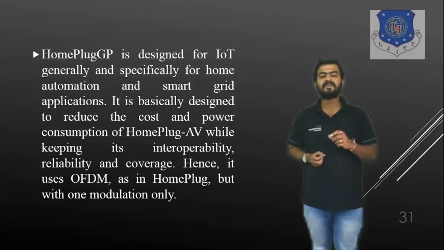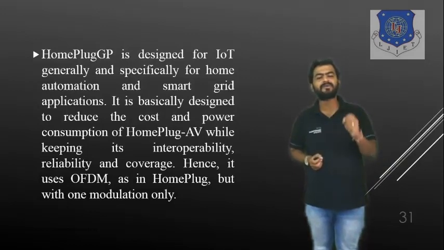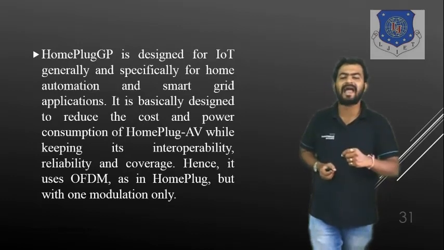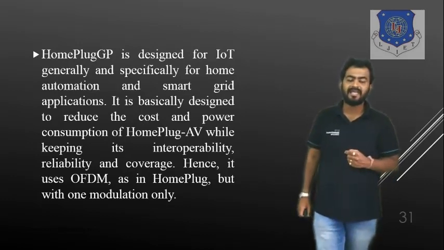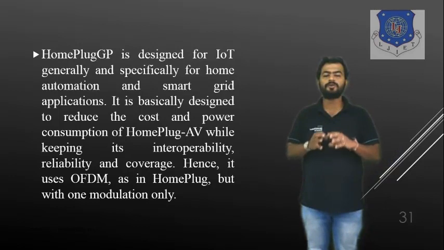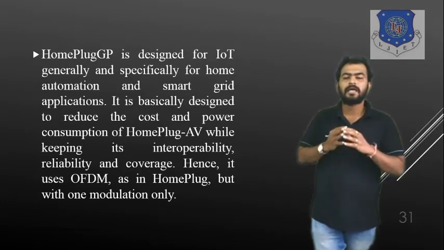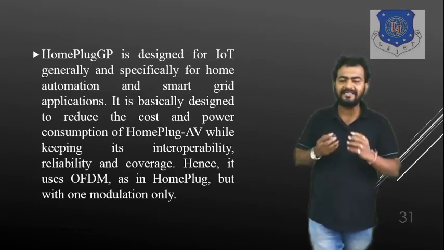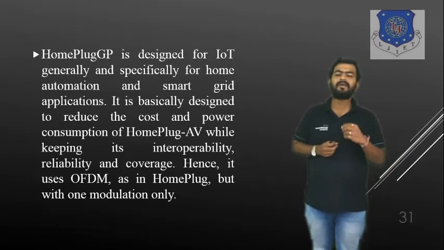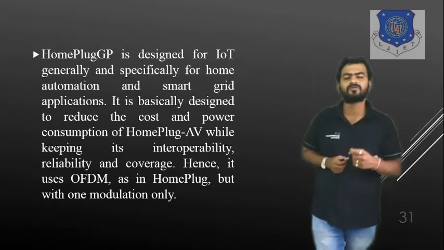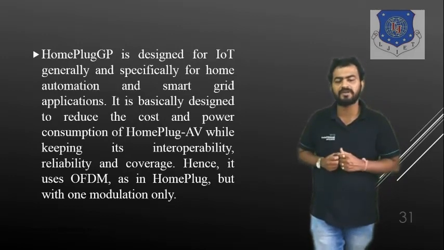Next, HomePlug GP is designed for IoT generally, and specifically for home automation and smart grid applications. It is designed to reduce the cost and power consumption of HomePlug AV while keeping its interoperability. Basically, it is meant to increase the reliability of the data and also reduce the power consumption of a chip.